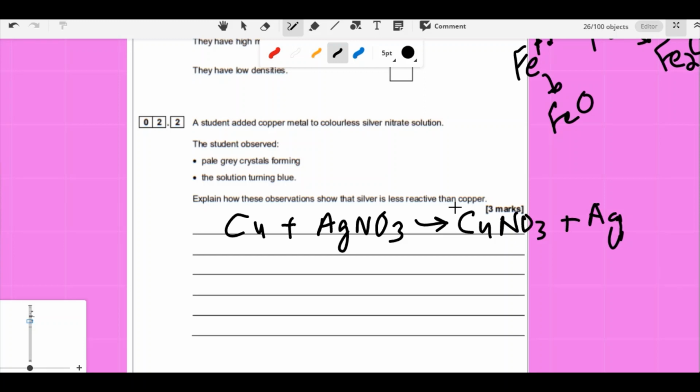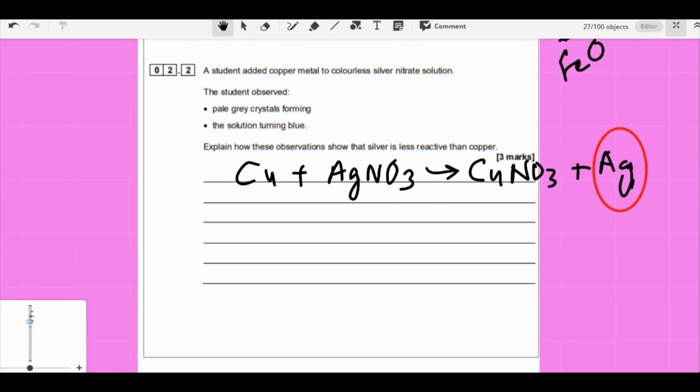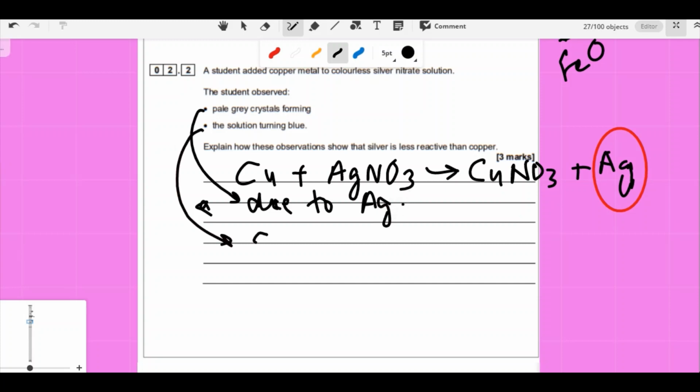So here, you can write the first observation: the pale gray crystals forming are due to silver, while the solution turning blue is due to copper nitrate.